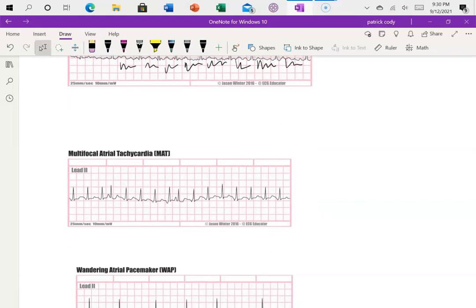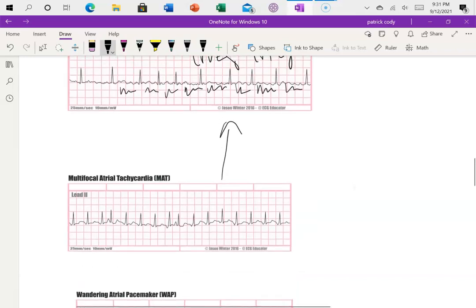Okay, multifocal atrial tachycardia. This is a cousin to atrial fibrillation. It's sometimes difficult to distinguish the difference, but the key here is, instead of having a bunch of undiscernible P waves, you still have a few discernible ones across the way, but you have multiple different morphologies.